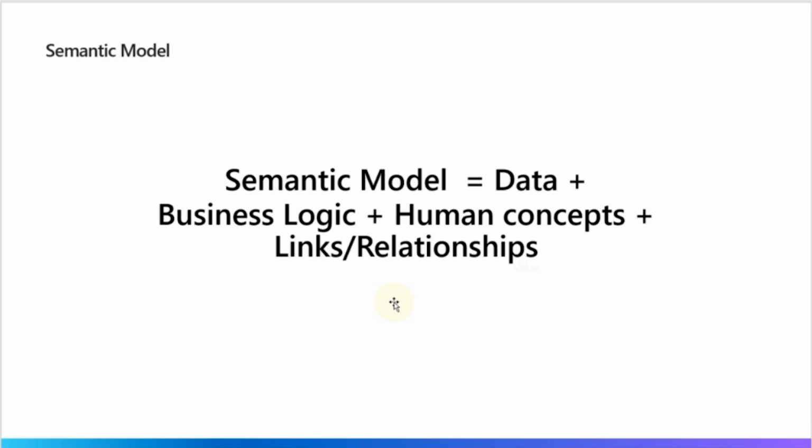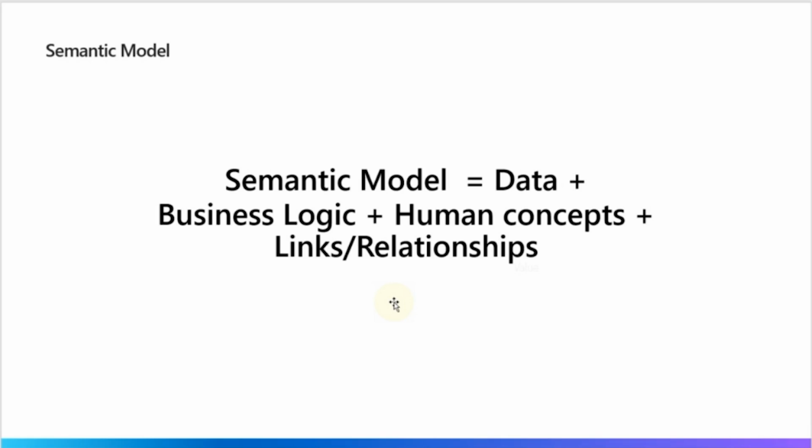So what I mean by that is typically in a data science project, you have the business data, that's one flat table. But in the business intelligence world, you define some business logic on top of that. So again, take the example of net sales. The business logic there is not just the sum of a column called sales. You apply some business logic to it, meaning you filter a few things out, you do some transformation on top of that, and then you add some human concepts to that.